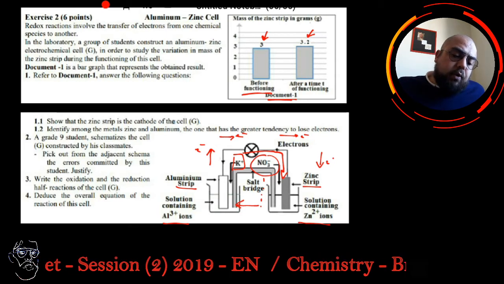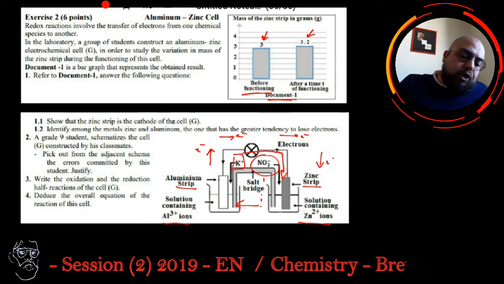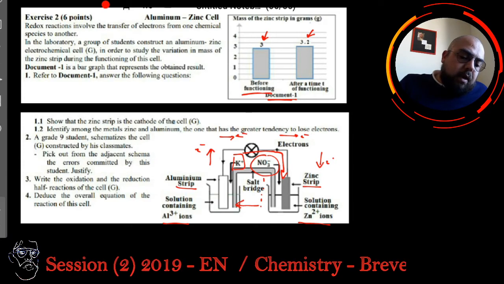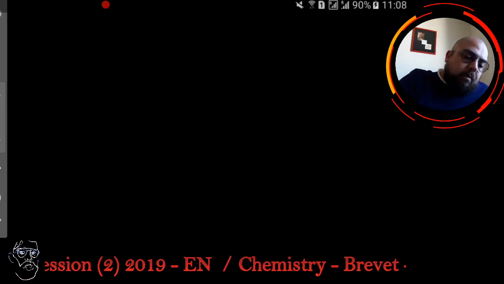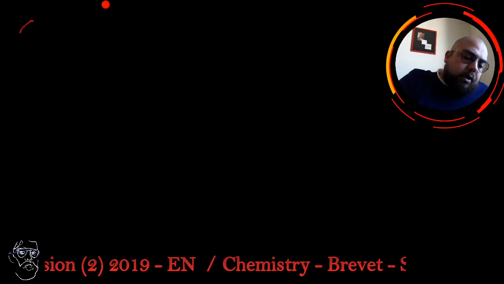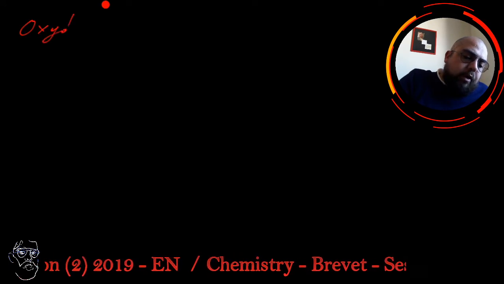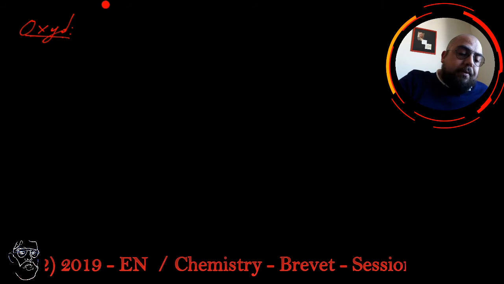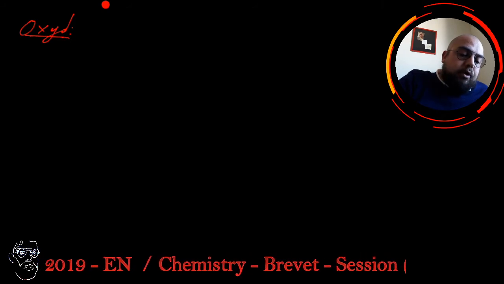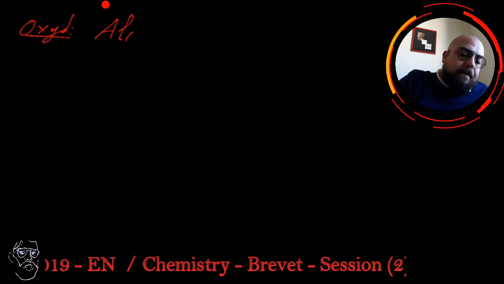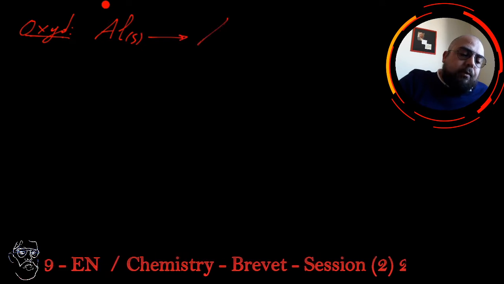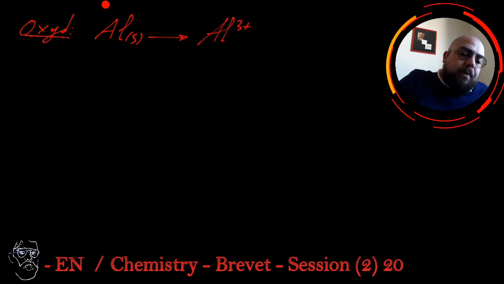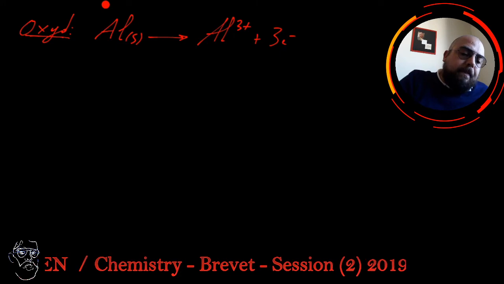Write the oxidation and the reduction half reactions of the cell G. We're going to write down the oxidation. We know that it's happening with the strip of aluminium, so we have Al being transformed to Al3+ plus 3 electrons.